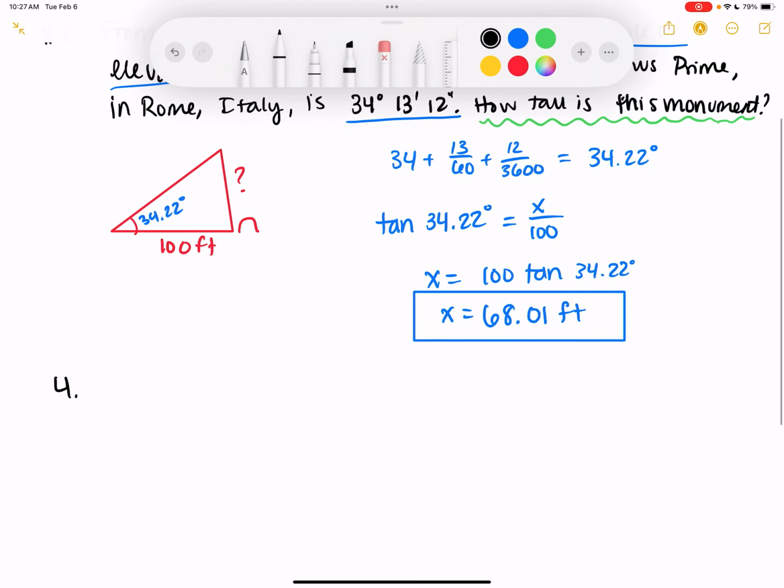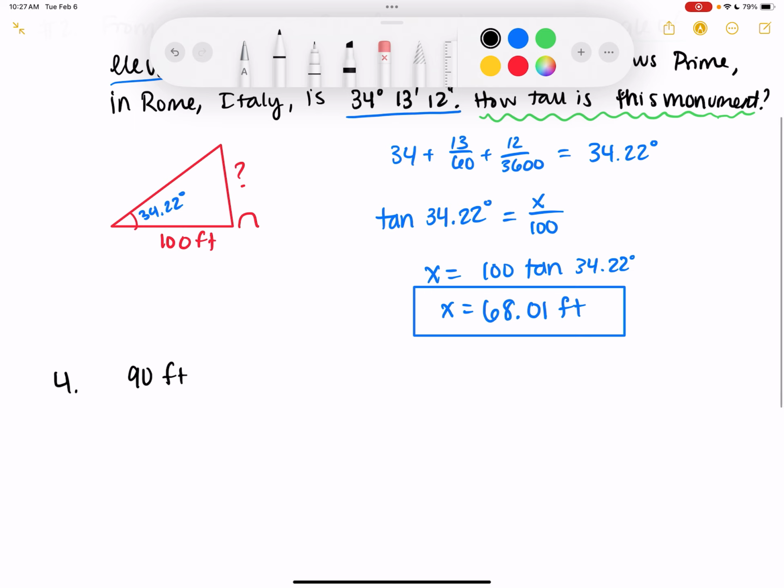4. Alright, this is a long word problem, so I'm basically just gonna write out critical information because it's a longer one. So this is finding a baseball stadium's dimensions. The top row of the red seats behind home plate at the Cincinnati Riverfront Stadium is 90 feet above the level of the playing field.